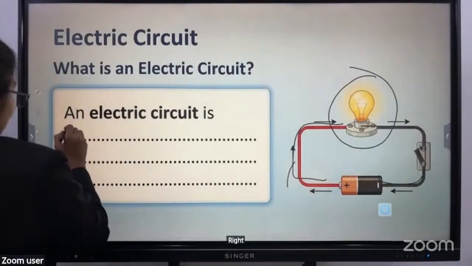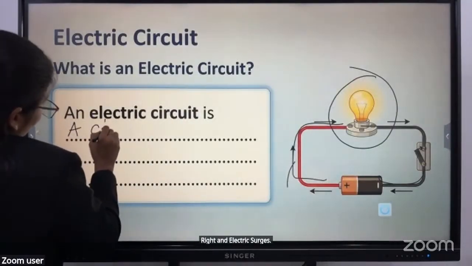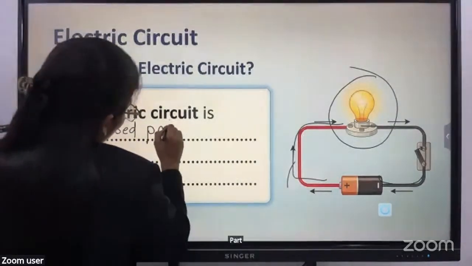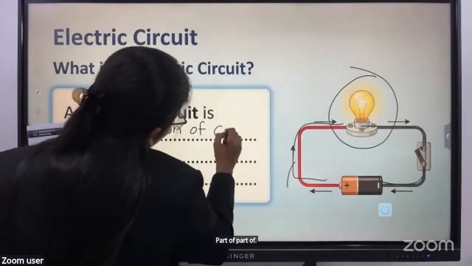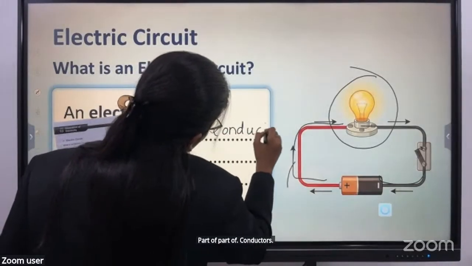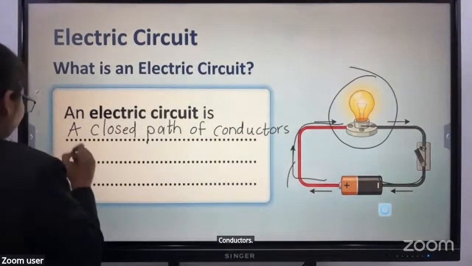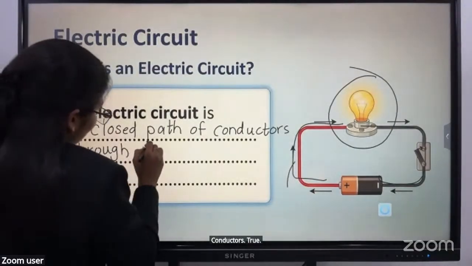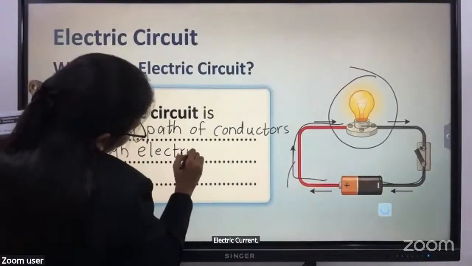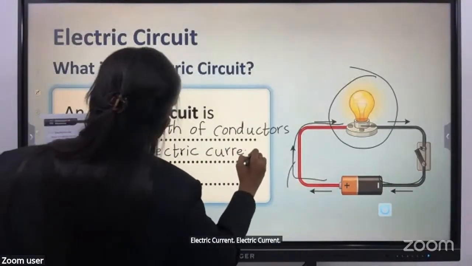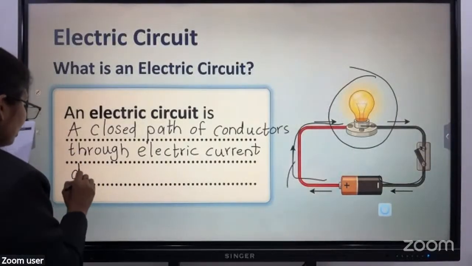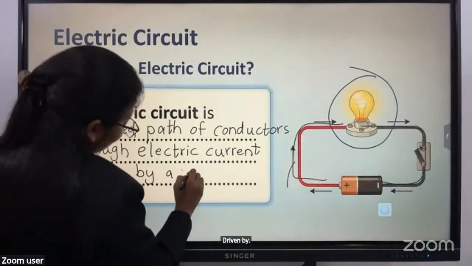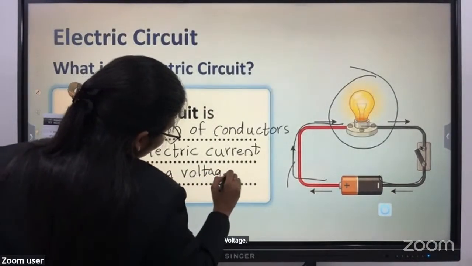An electric circuit is a closed path of conductors through which electric current is driven by a voltage source.